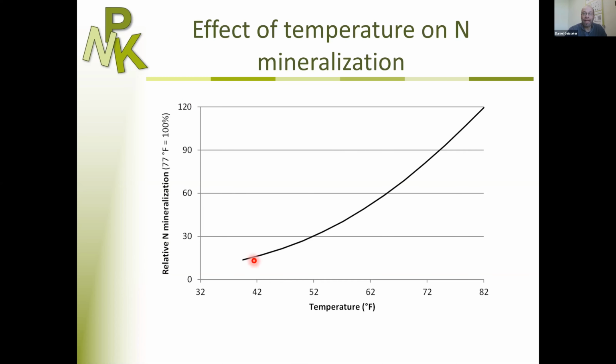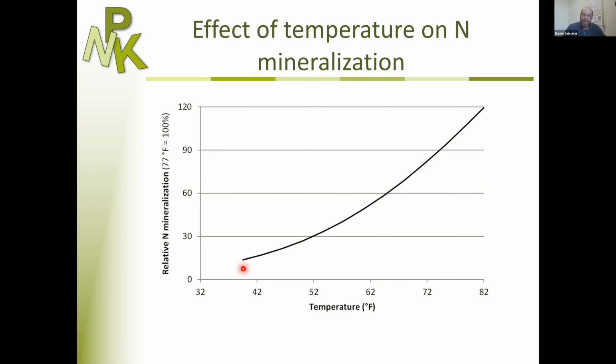Microorganisms become more active when temperature increases, at least within the range of soil temperatures we observe in our agricultural ecosystems. Microbial activity, which includes decomposition and nitrogen mineralization, is very low at low temperatures.